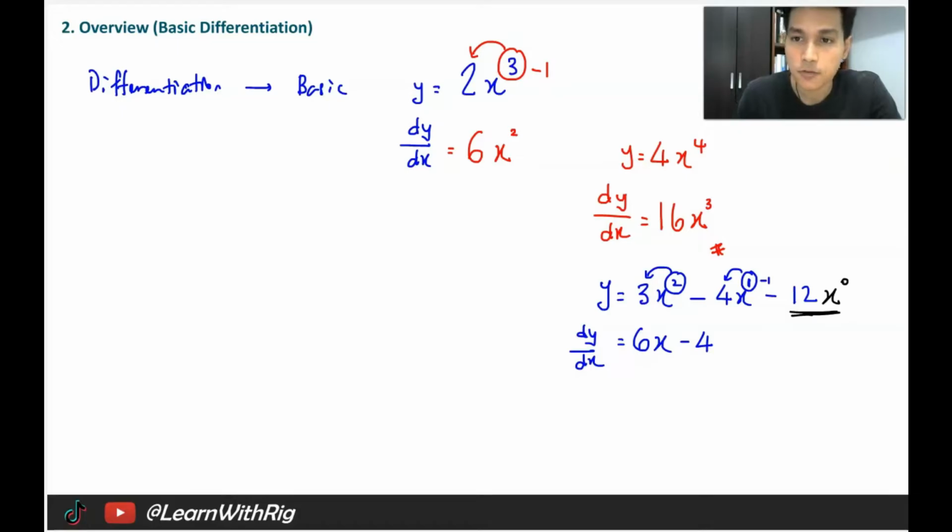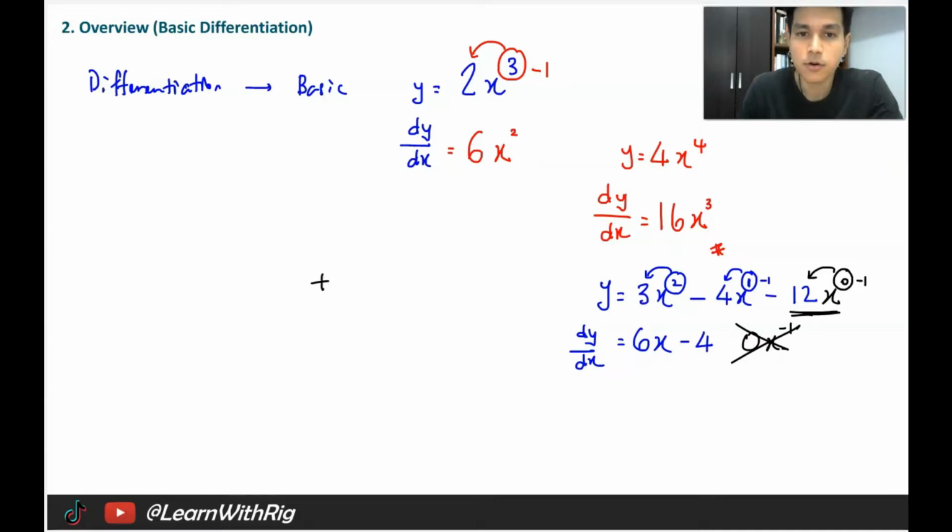So if you take 0 multiplied by 12, you get 0, correct? Even if I calculate x power negative 1 here, because you minus 1, there is no point. Why? Because 0 times x power negative 1 is still equal to 0. So you don't have to write this, because it equals 0.